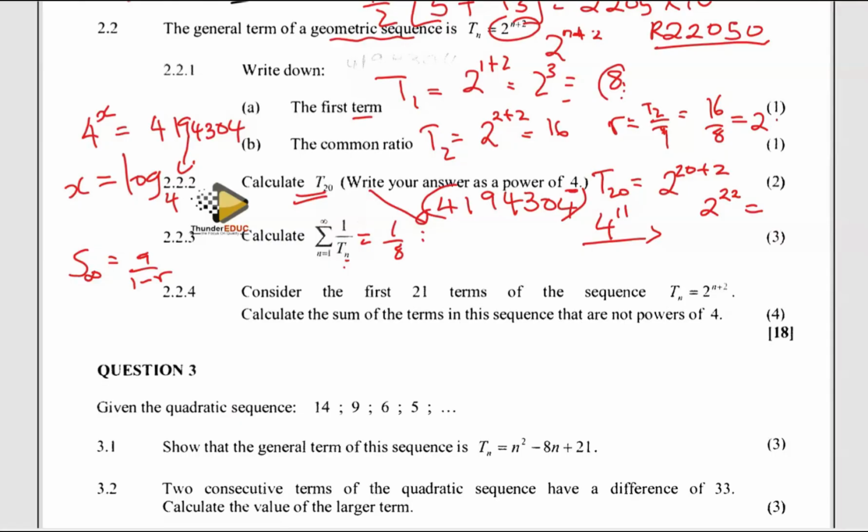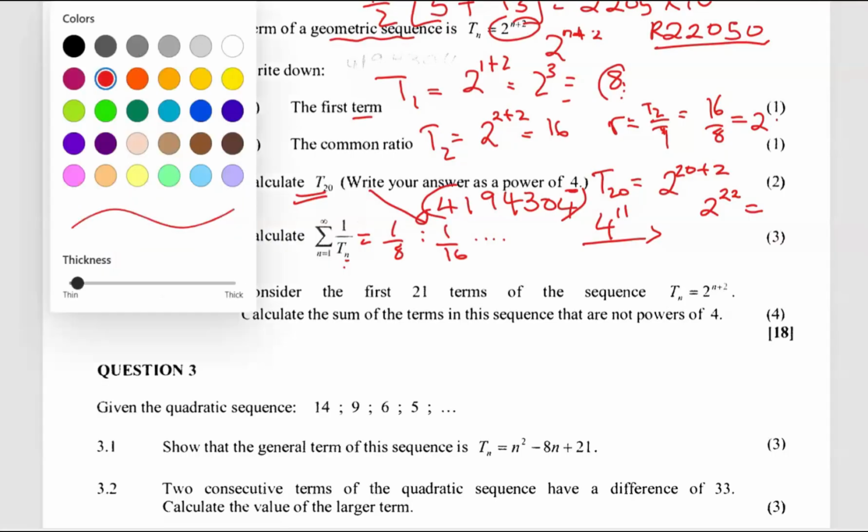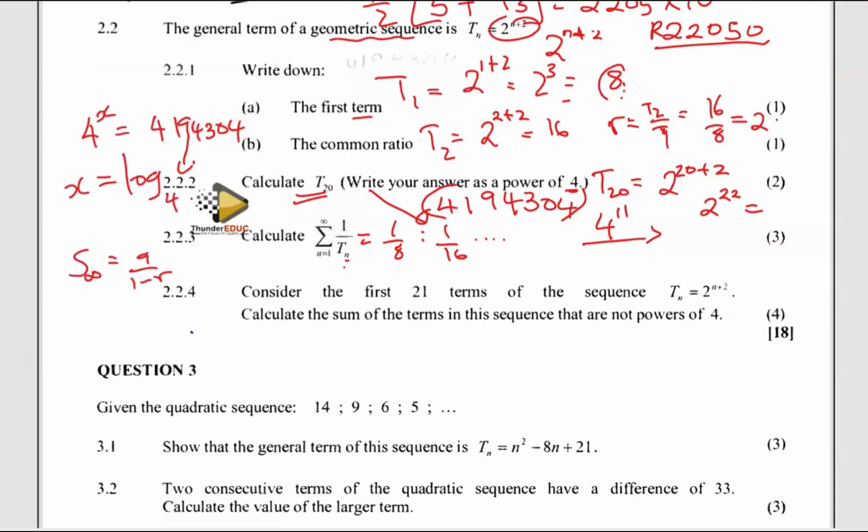The second term is going to be 1 over 16, and so on and so forth. So if we use this 1 over 8, 1 over 16 to establish the common ratio of this pattern, we're going to have our common ratio as a half.